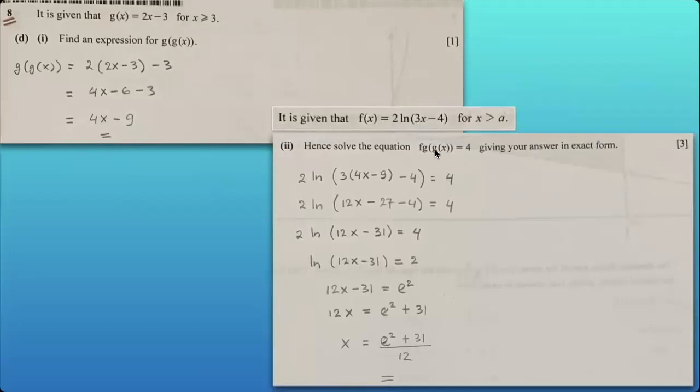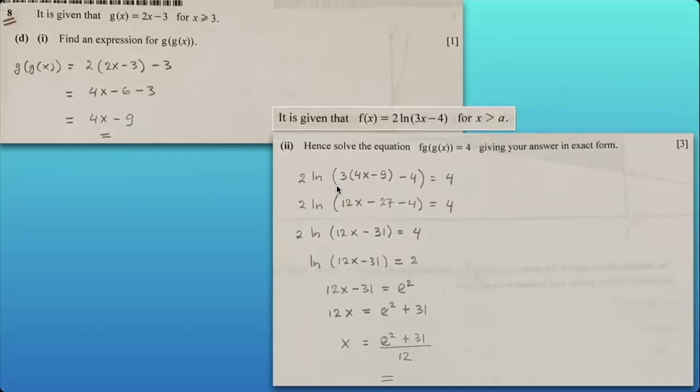And we already found g of g of x, which is 4x minus 9. So hence, we can put this expression into function f. Therefore, we have this expression. So this is the expression that we insert into function f.